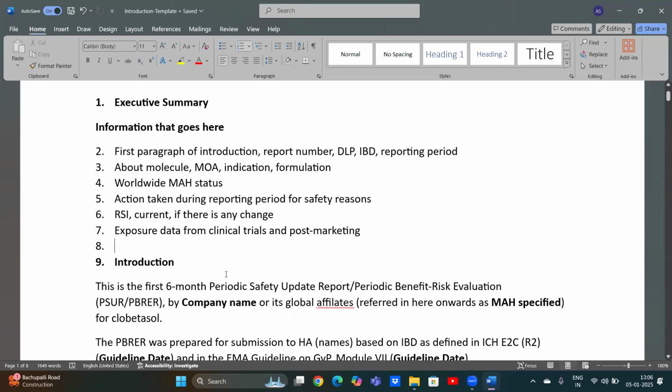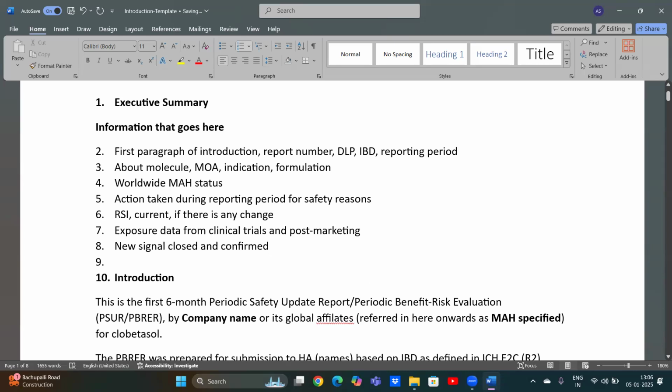If there is any new signal ongoing, new signal closed, new signal closed and confirmed, you will present that here. Otherwise, no need to present. Then your information about all the important identified, important potential, and missing information.